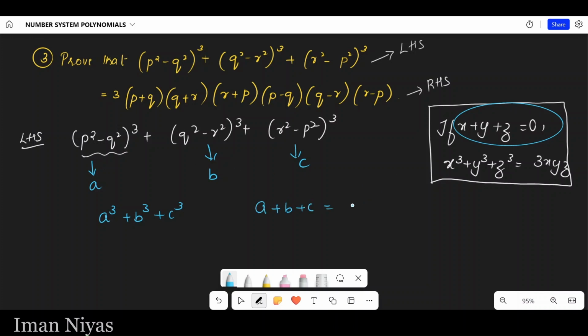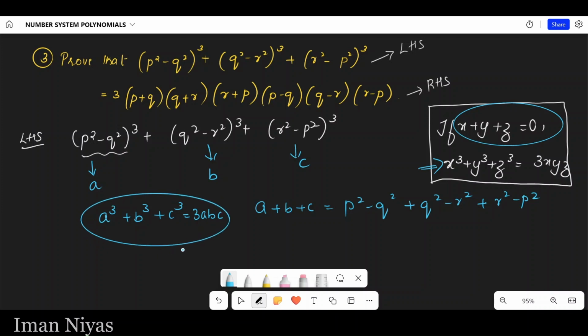So a, as we know, is p square minus q square, plus b is q square minus r square, plus c is r square minus p square. If this is equal to 0, we can say that a cube plus b cube plus c cube will be equal to 3abc, right? If a plus b plus c is equal to 0, then only this will work, right? So let's see whether this will work for our question.